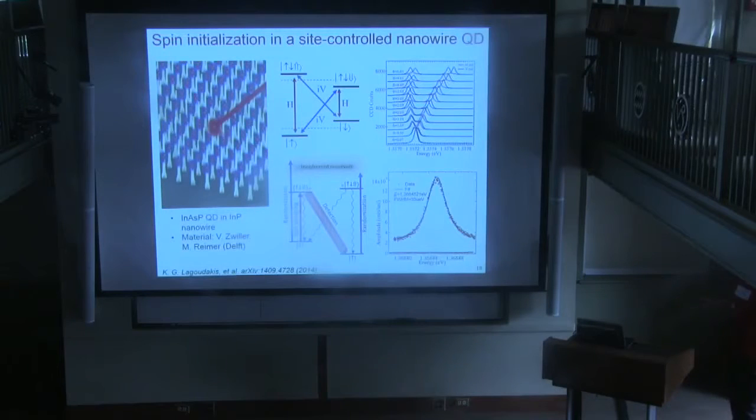So the first thing to demonstrate in such a system is spin pumping. That means you park your laser on one of the transitions and observe luminescence from the excited state to one of the ground states. If you would just do that, you would see basically not much, because as soon as you have shuffled your spin into the other ground state, you don't get signal anymore.